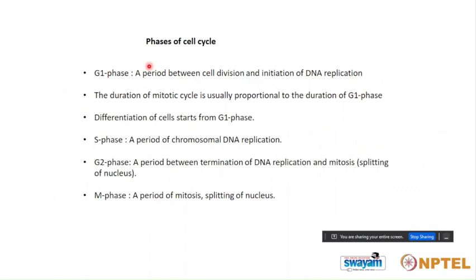So, phases of the cell cycle. In the case of a microbial system, the cell cycle phases can be classified into G1 phase, S phase, G2 phase, and M phase. G1 phase is nothing but the period between cell division and initiation of DNA replication.